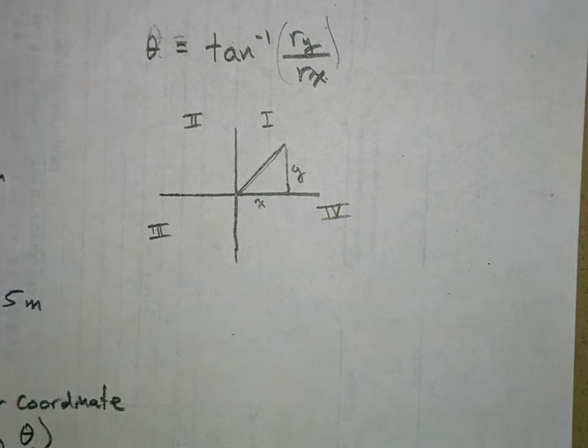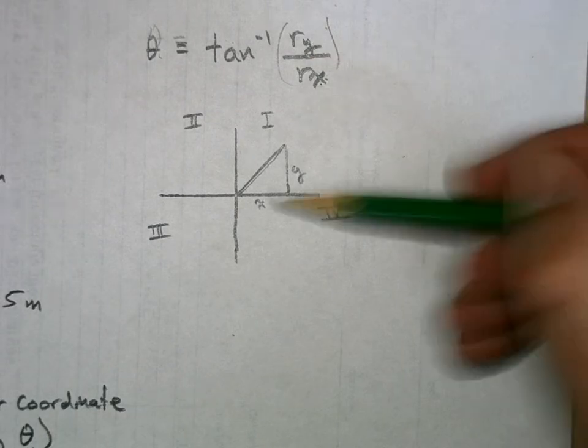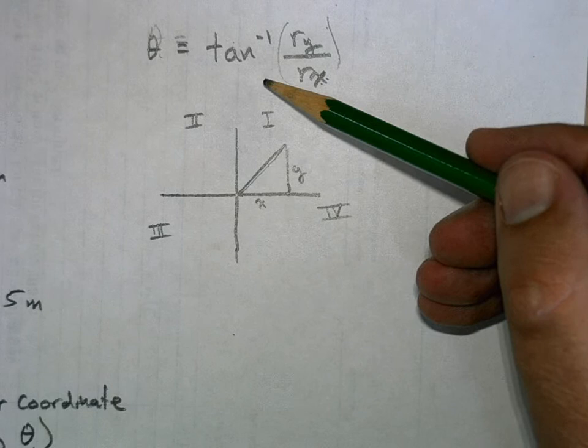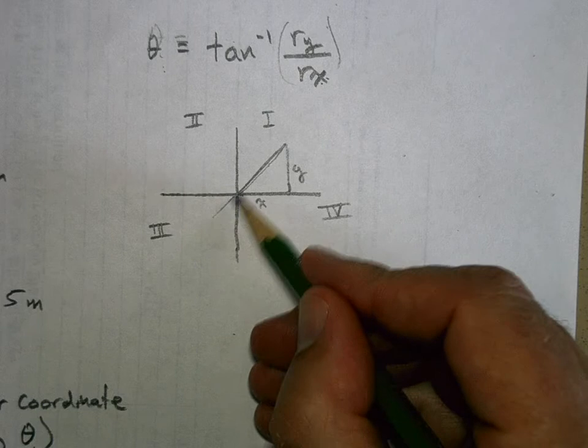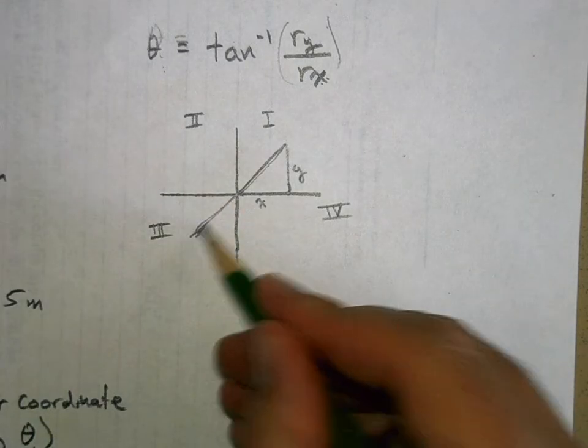So when I plug in this ry over rx, I get a positive ratio, and your calculator has an algorithm that says, okay, there's your angle. But what if I'm over here instead? What if I'm in the opposite direction?